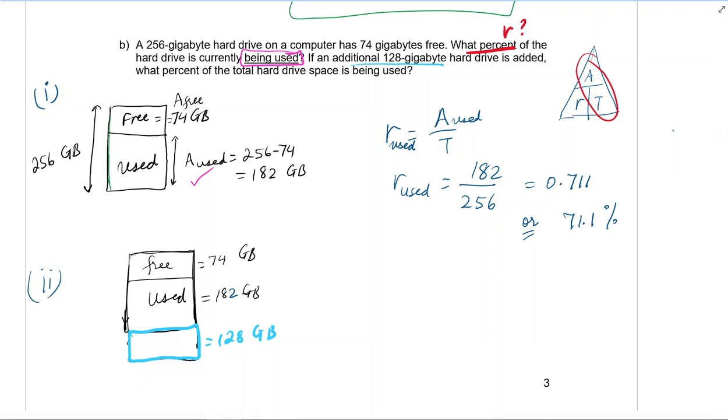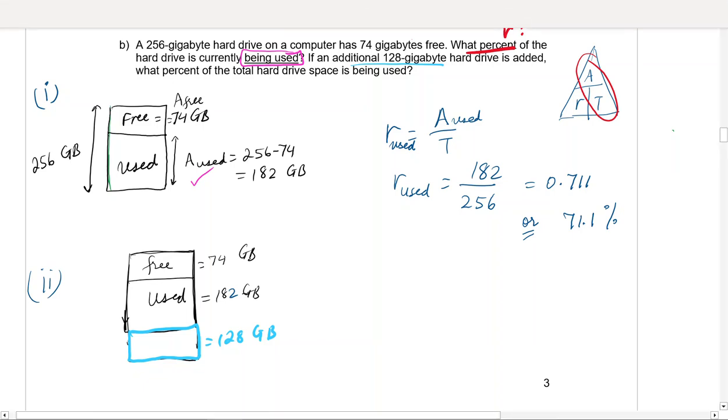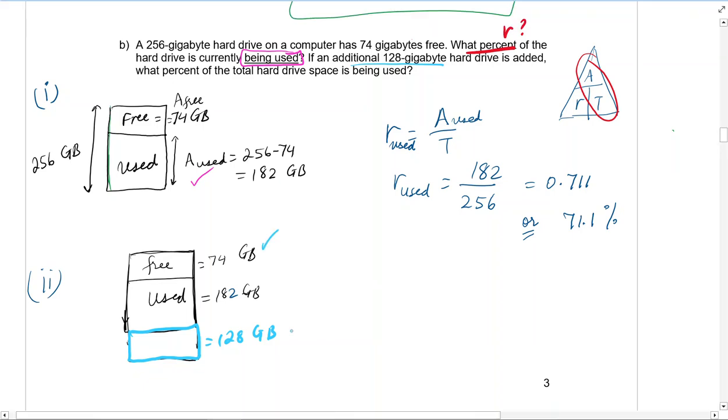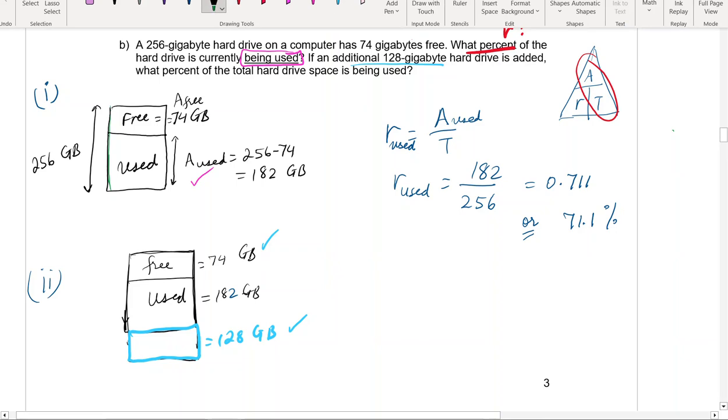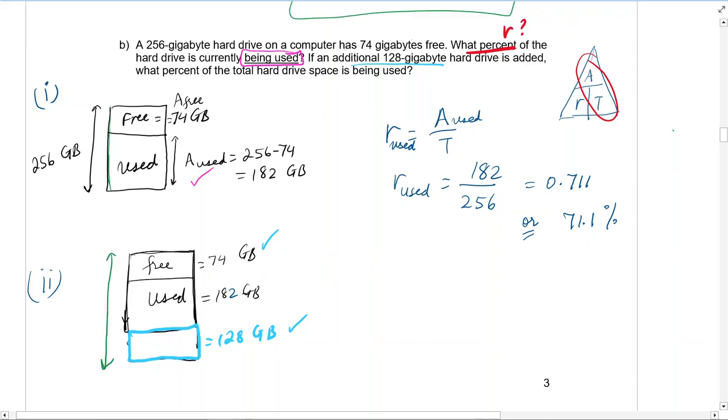So free amount is 74 plus 128. But they're not asking what percentage is free. They're just asking what percentage is being used now. So since our total has changed, the new total is whatever your old total plus 128. So our new total is 384 gigabyte.